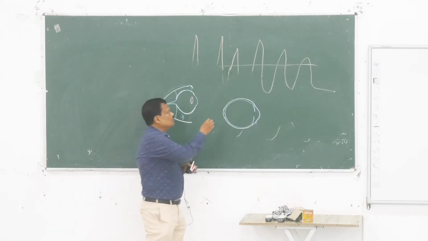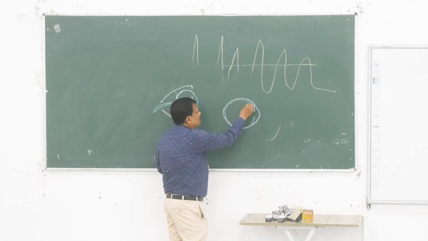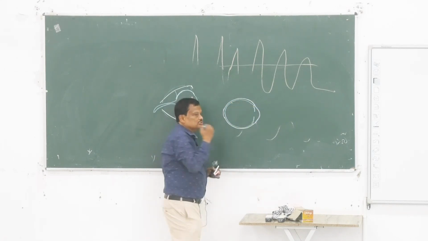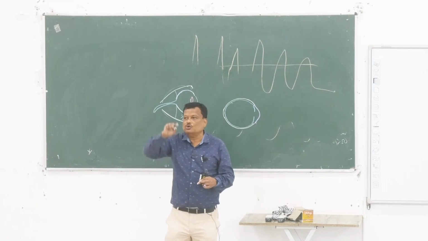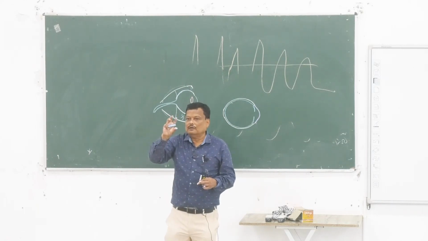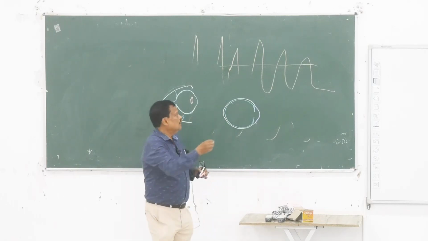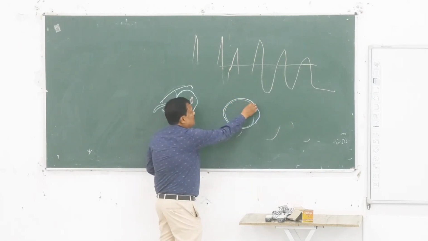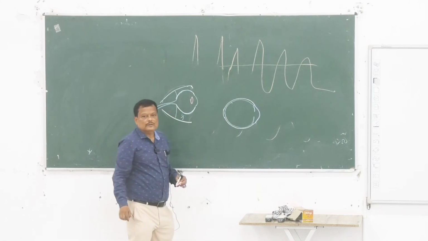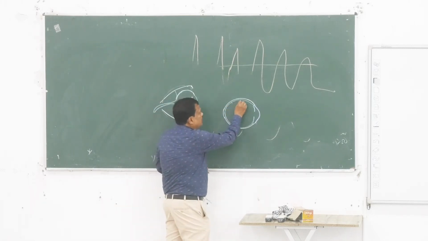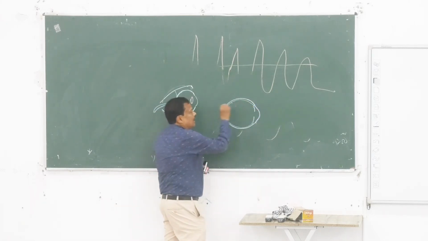So the middle coat consists of the choroid, ciliary body, and iris. It's a cut section. Actually, all are circular. It is like a ball. So the outer coat is sclera and cornea. The middle coat is choroid, ciliary body, and iris.